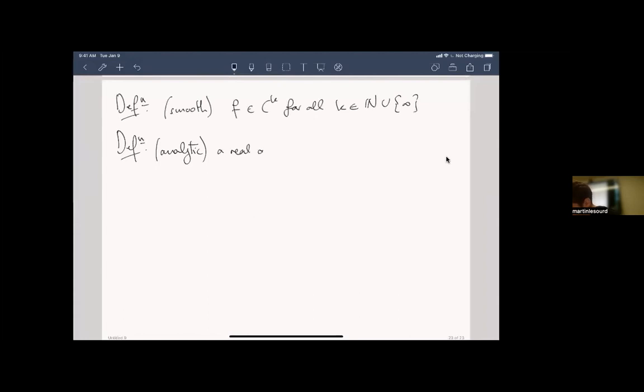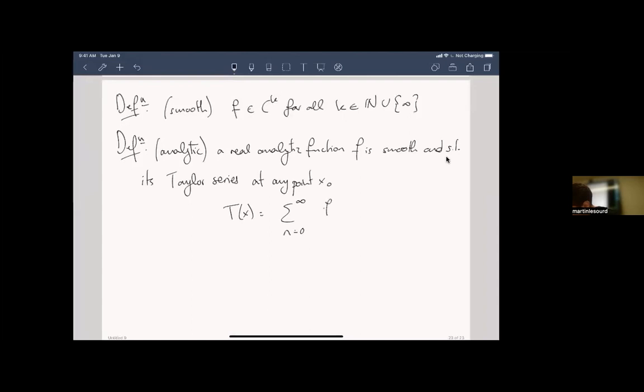A real analytic function is smooth and such that its Taylor series at any point, which we can write down as the following thing, converges to f of x for x in a neighborhood of x0, and the convergence is pointwise.